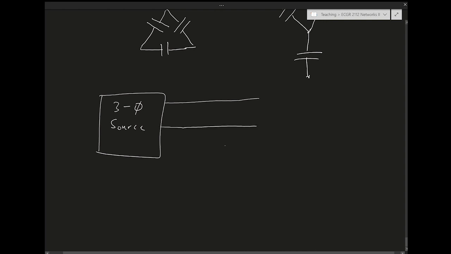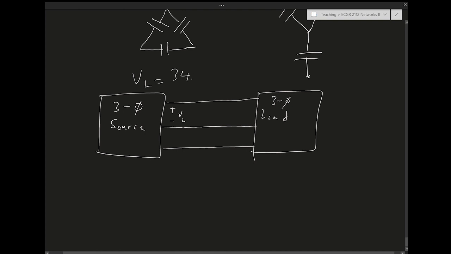So we have a three-phase source that connects to a three-phase load, and the source has a line voltage, meaning this voltage, this is VL, of 34.5 kilovolts at 60 hertz, and the load is 24 megavolt amperes, MVA, with a 0.78 power factor lagging.